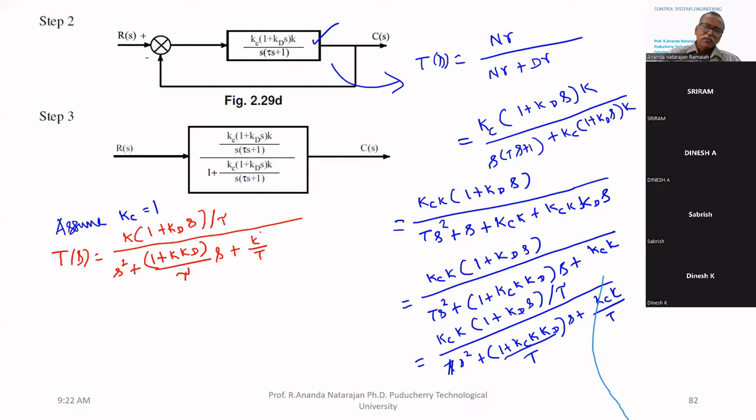From this, we understand that there is no change in omega n square, that is no change in omega n. Omega n here is also the same, square root of K by tau.